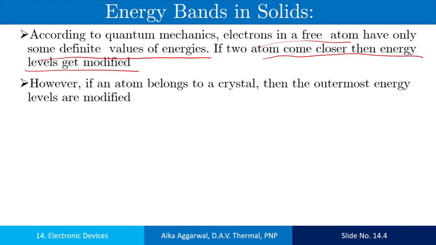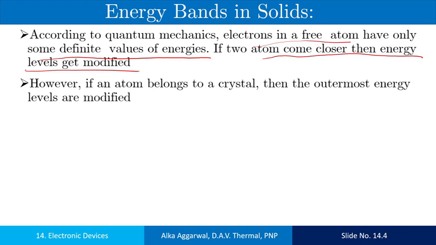However, if we consider a crystal, then in a crystal there are a large number of atoms. It is about 10 to the power 23 atoms in 1 cubic centimeter. Thus, each atom is surrounded by a large number of atoms in a crystal.